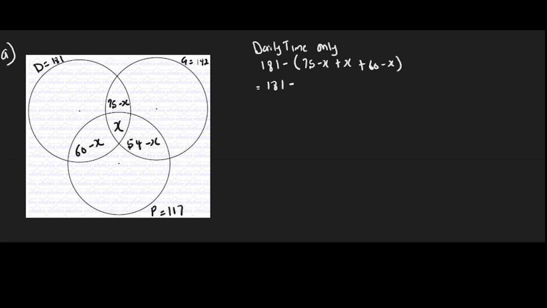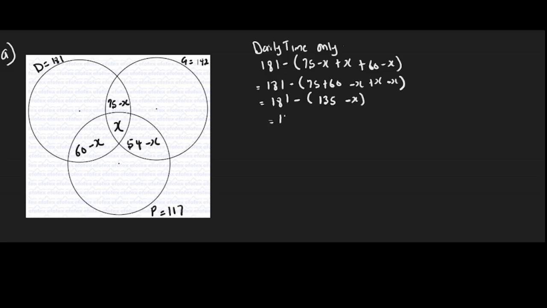This is going to give us 181 minus, open bracket, 75 plus 60 minus x plus x minus x. Then we have 181 minus, 75 plus 60 will give us 135, and then minus x plus x minus x gives minus x.